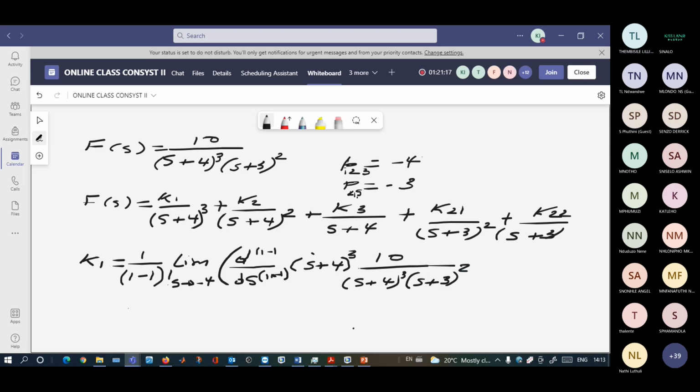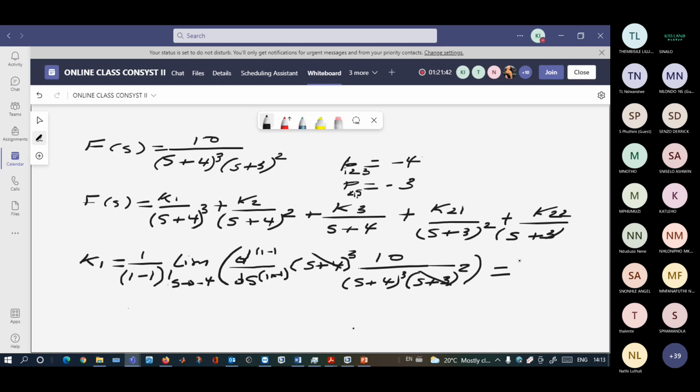So we can simplify this one. Then the derivative of order 1 minus 1 is going to be 0, right? So there is no derivative here because it's a derivative of order 0.